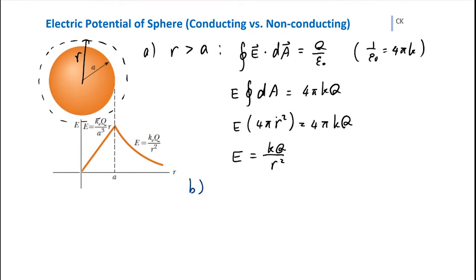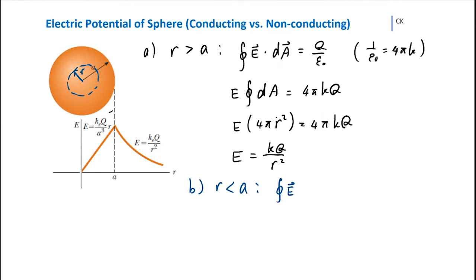Okay. Let's consider part B, where r is inside. So now we put our Gaussian sphere somewhere here, and that happens to be r. Now we set up exactly the same thing.